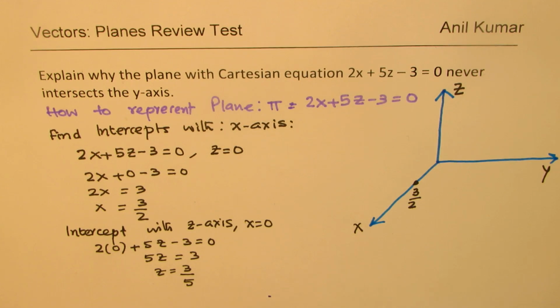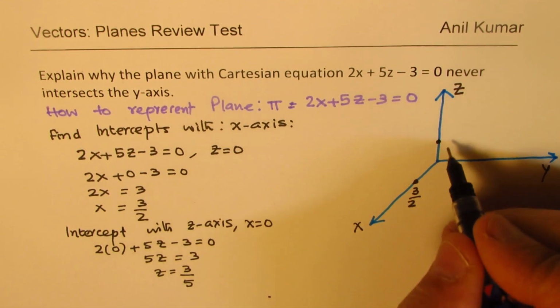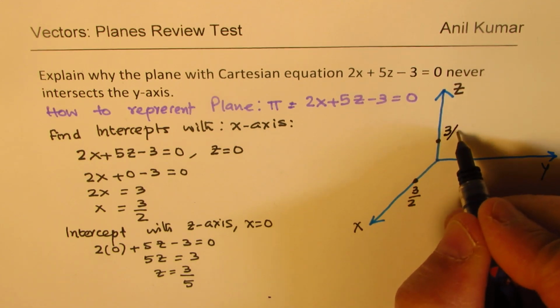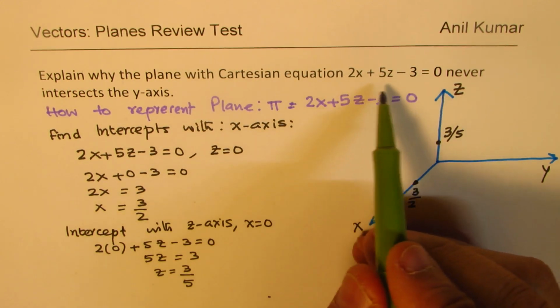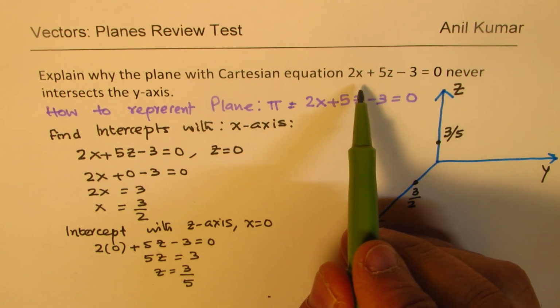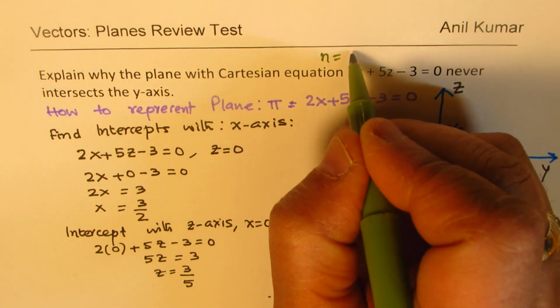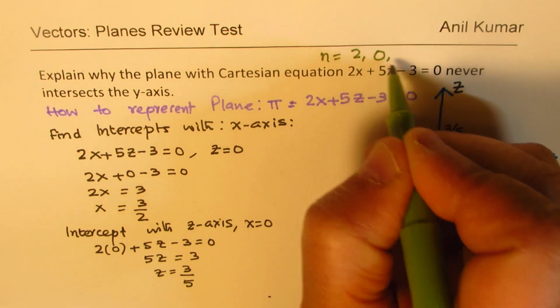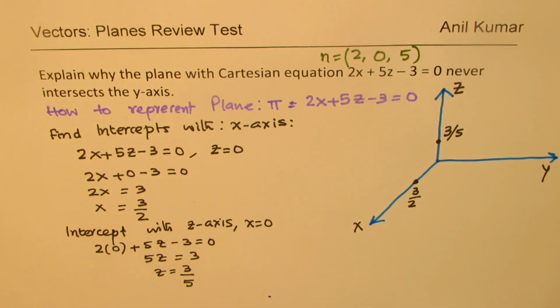So we get 3 over 5, and let's say this is the z value, right? Now, for the given equation, we know the normal is 2, 0, 5, correct? That is the normal vector.